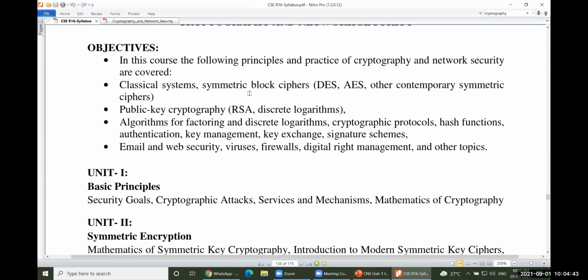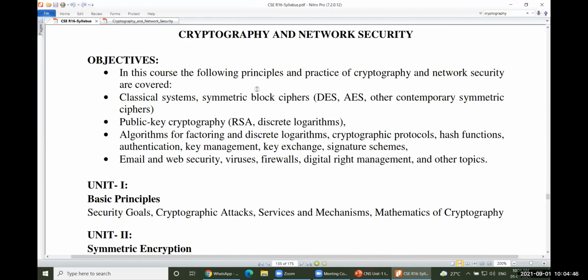And here, what you are supposed to study during this particular course: this course will cover the basic principles and practices of cryptography, and a certain number of classical systems.